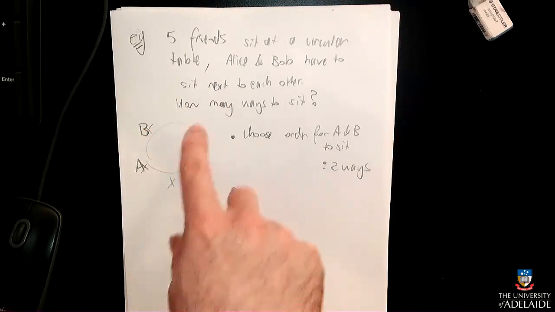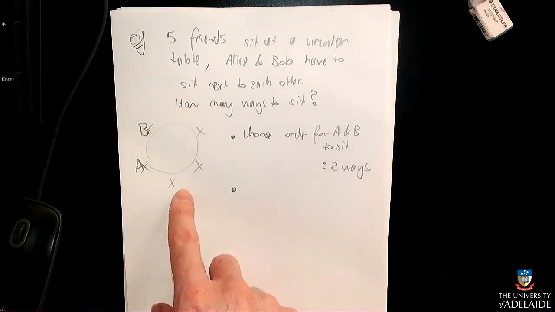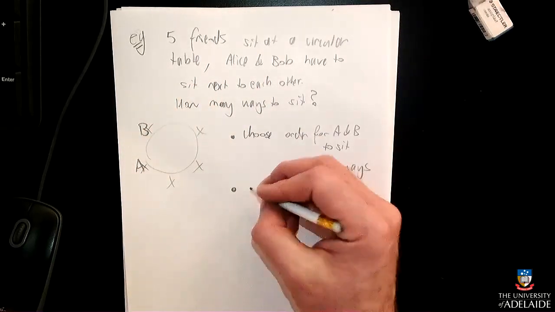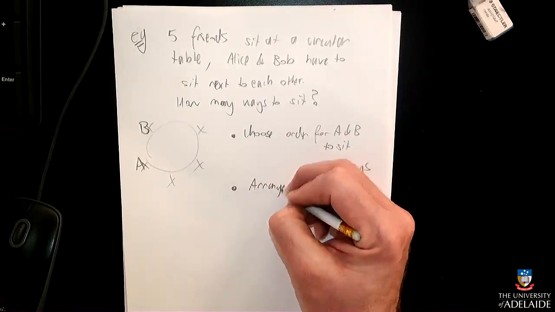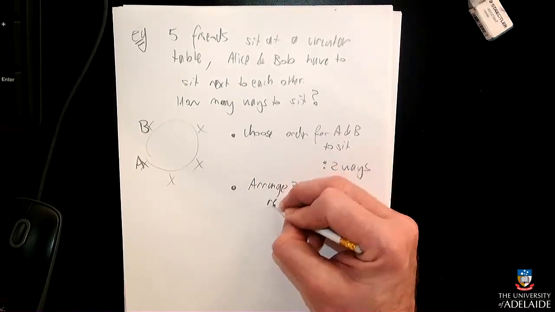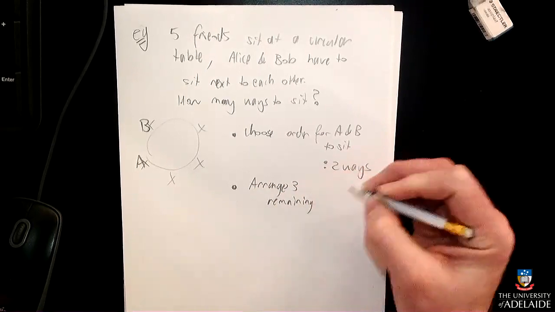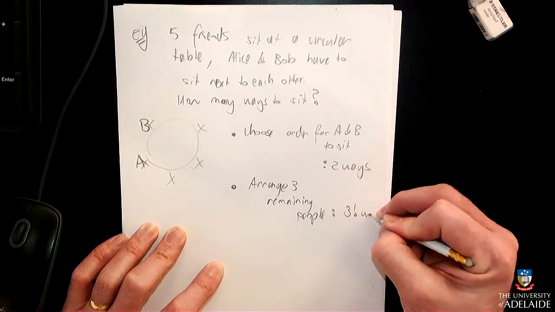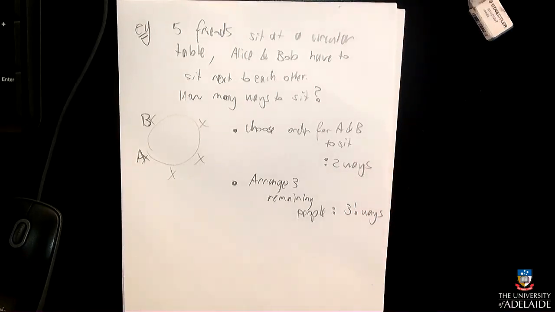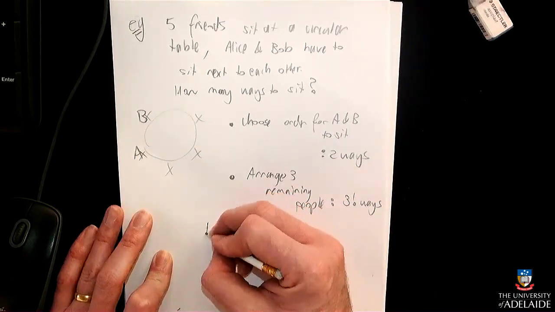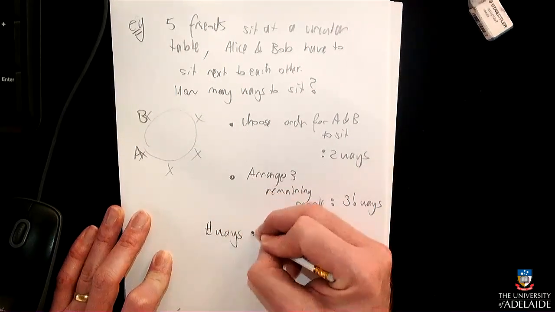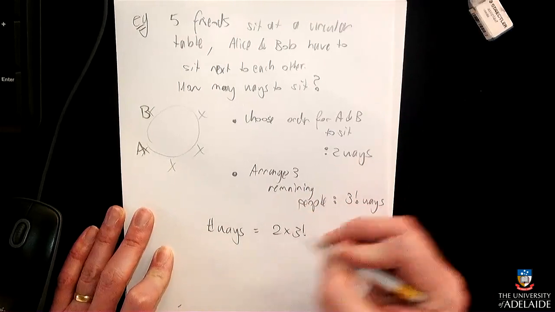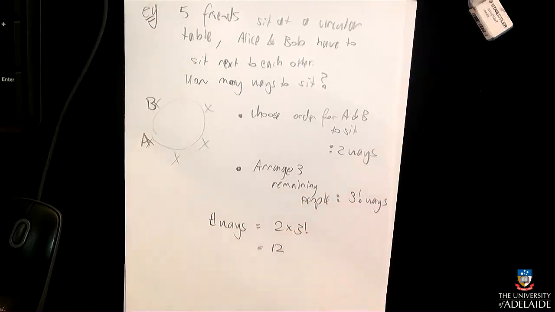It matters who sits next to Alice and who sits next to Bob, so I need to arrange the three people who are left. Because that's how the number of ways to arrange three things is 3 factorial. Okay, that was easier than I thought. 3 factorial is 6. Oh well.